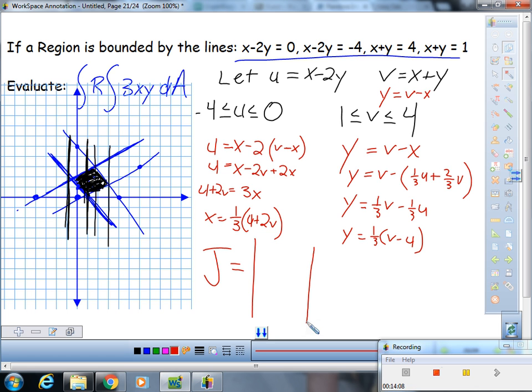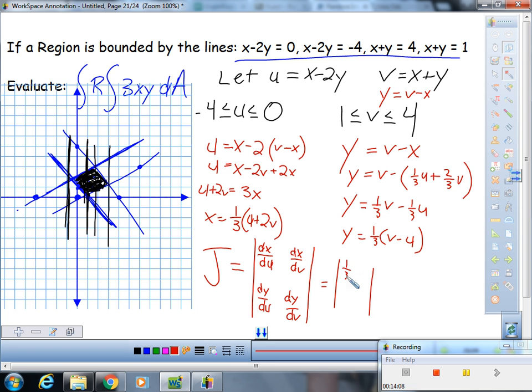Okay, so our Jacobian. Let's write dx du here. So then what has to go here? dx dv. What goes down here? dy du. And here? dy dv. So what's the derivative of x with respect to u? 1/3.